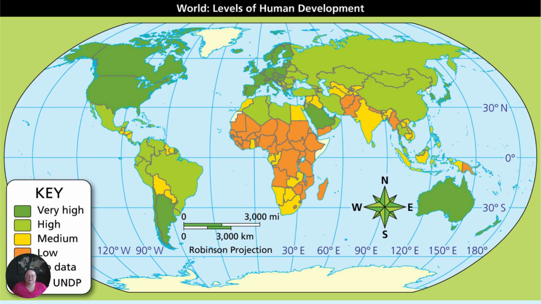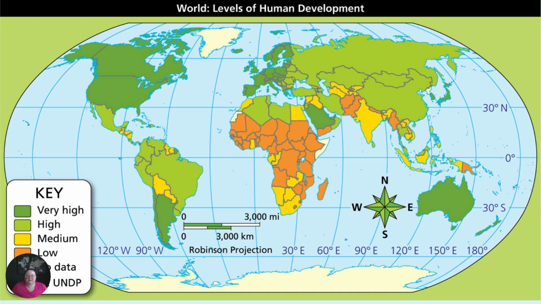Let's look at this world map showing levels of human development. This is showing us how high the development of a certain country is. And we can see the darker the green, the higher the development. And then medium is shown in yellow and low is shown in orange.